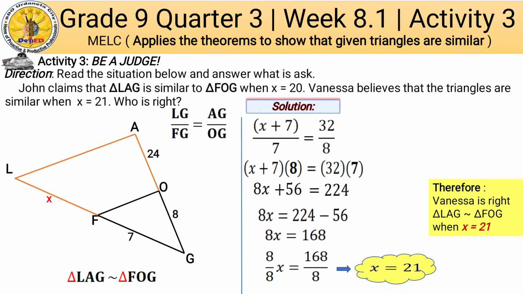Therefore, Vanessa is right. Triangle LOG is similar to triangle FOG when x equals 21.